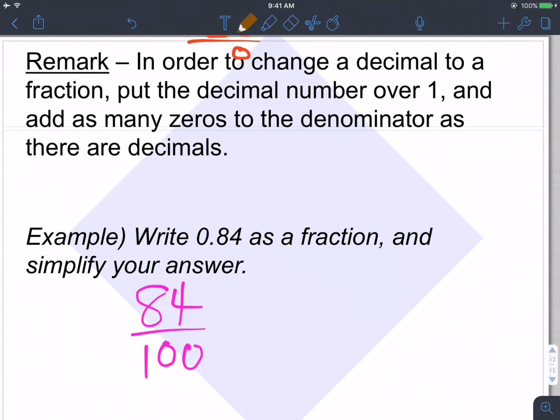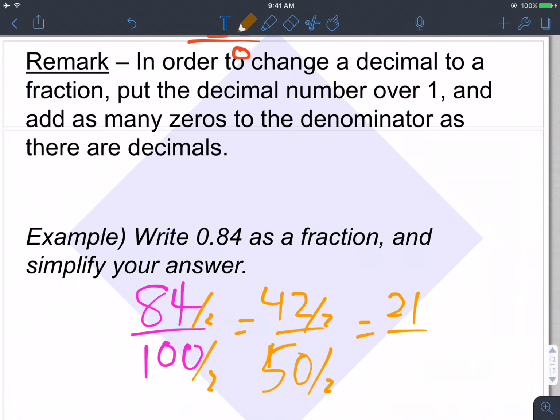The homework problems always do. So now you go back to the last chapter and say, okay, factors of 84 and 100. I could start small. Just do 2. So that would be 42 over 50. I think I can go more. Yeah, and I think that's as far as I can go.